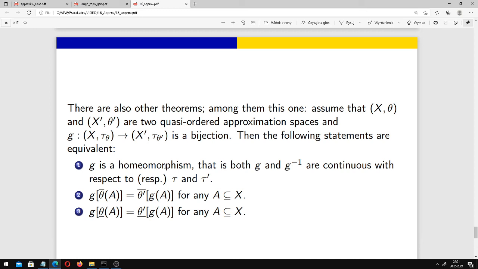G is a homeomorphism, that is, both g and inverse g are continuous with respect to tau and tau prime respectively. And then this is equivalent to these two conditions.